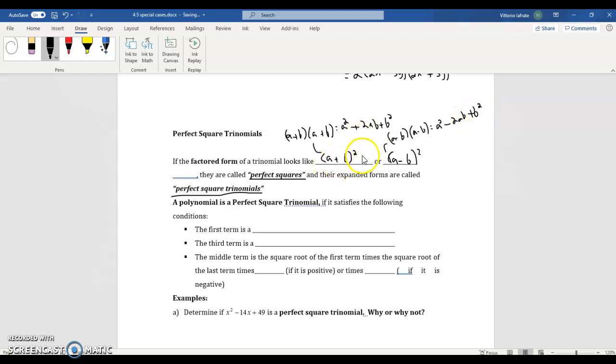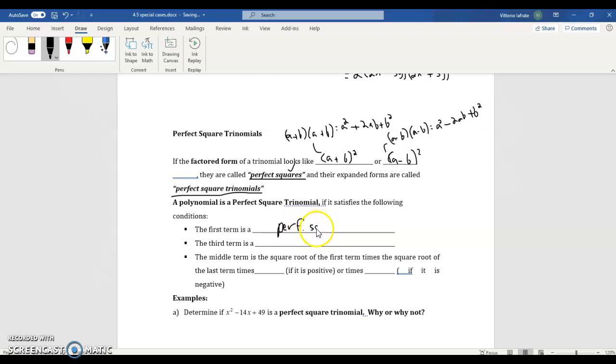So if you have a plus b all squared or a minus b all squared, we call this a perfect square factored form. And when you expand it, its expanded form is called a perfect square trinomial. And so you know you have a perfect square trinomial if the first term that you're dealing with is a perfect square.